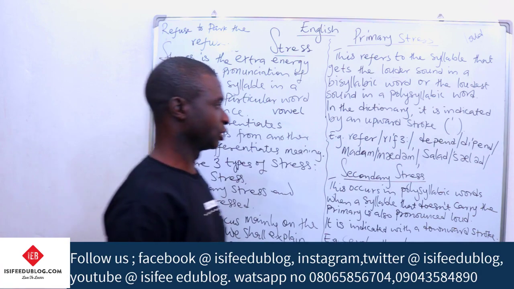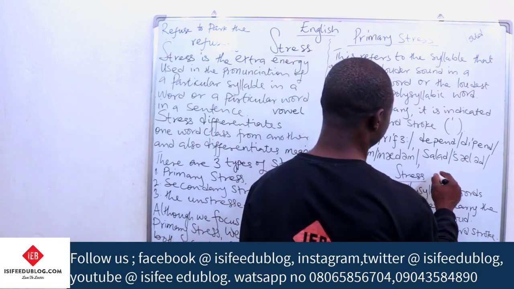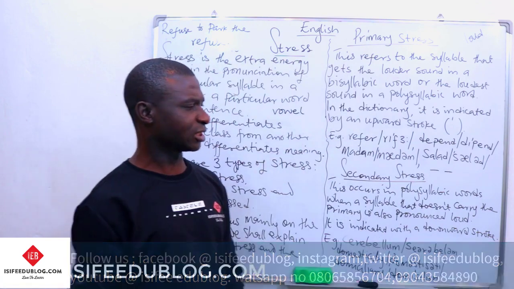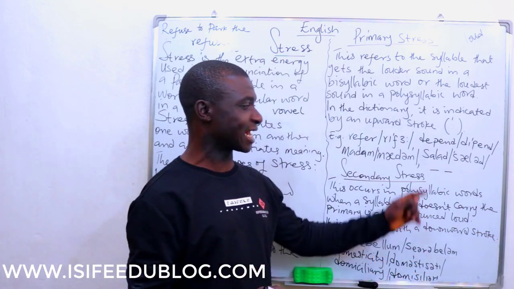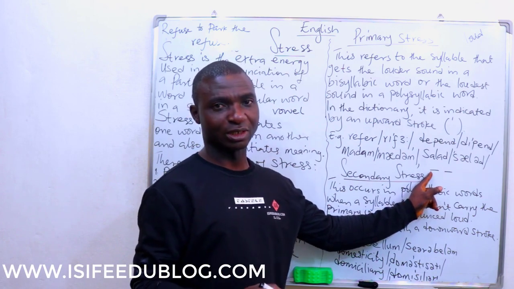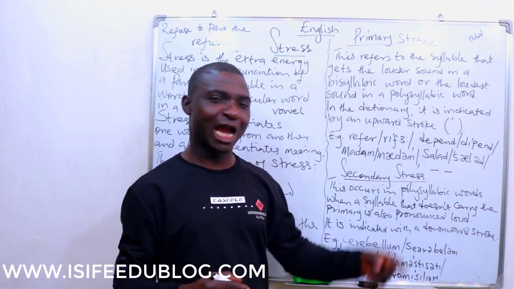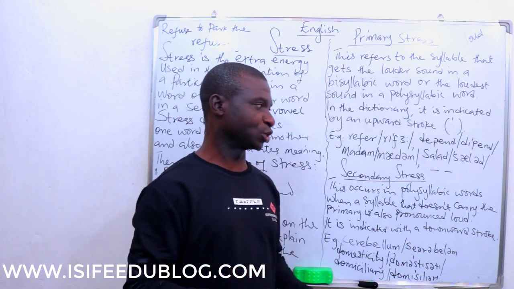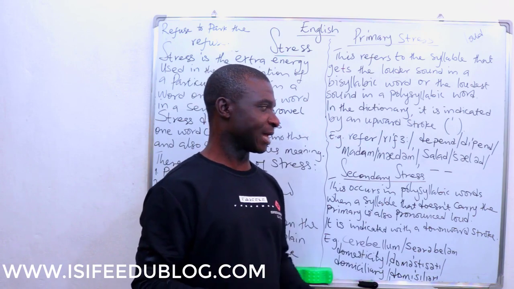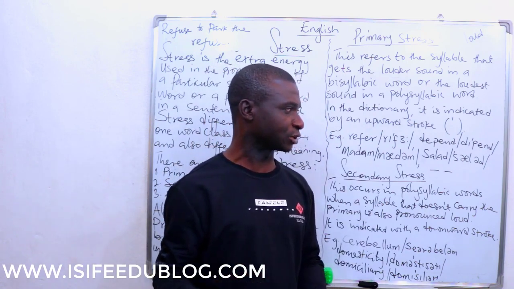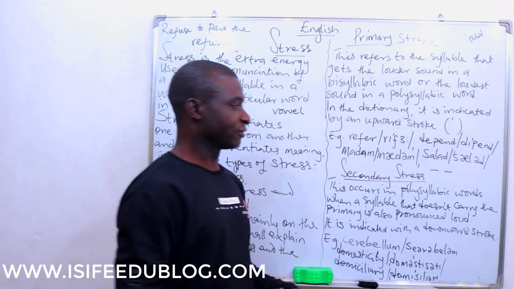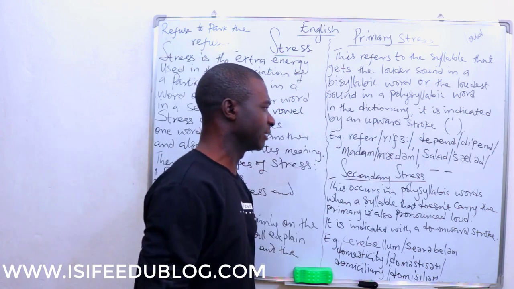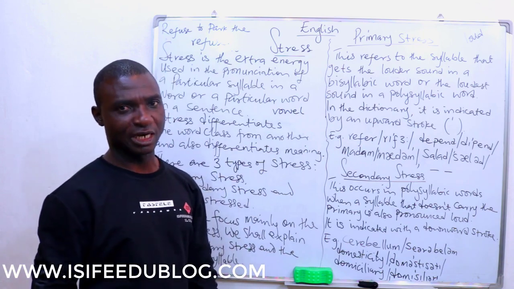The BBC dictionary underlines the stressed syllable, so that makes it a little bit difficult if you're not conversant with the English language, and there are 2: one for the primary stress and one for the secondary stress. You might not know which is which. But in other dictionaries like the Oxford Advanced Learner's Dictionary, Longman and all of that, the primary stress is indicated with an upward stroke. Right?